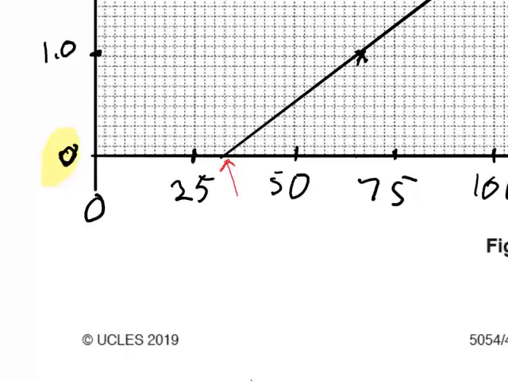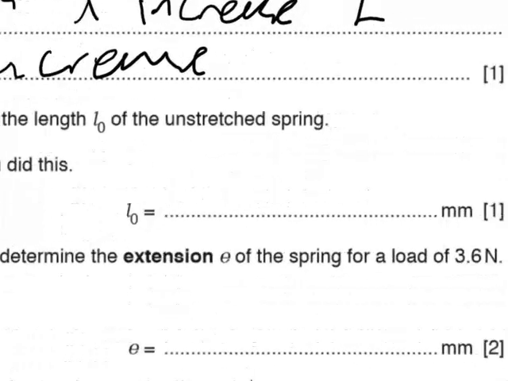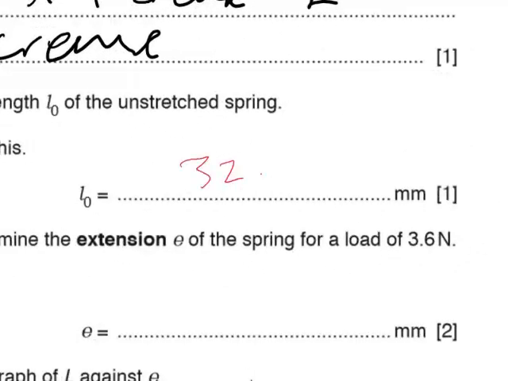The length of the spring will be that one, when the load is 0. So if I want to check, this one will be 2, this one is 30, so it will be 32.5, so it should be 32.5 millimeter. Okay, L0 is 32.5.